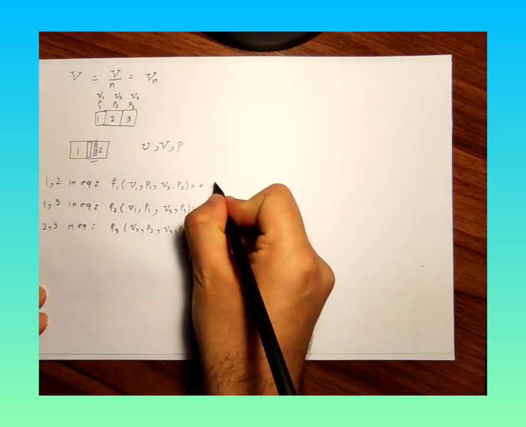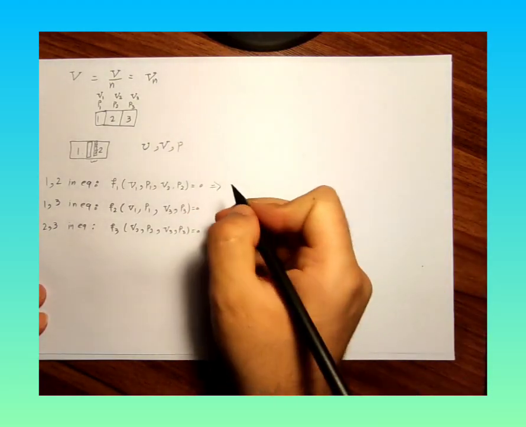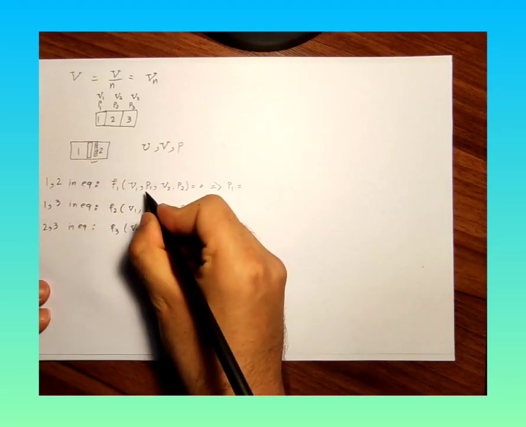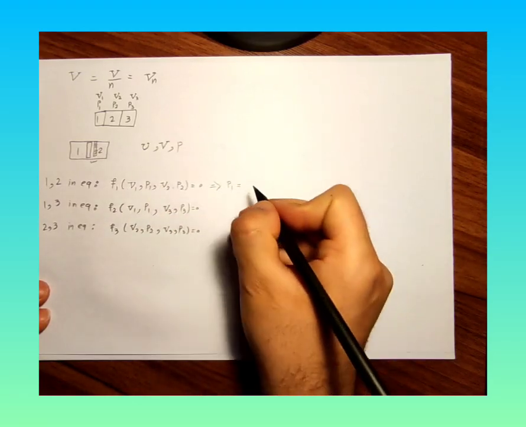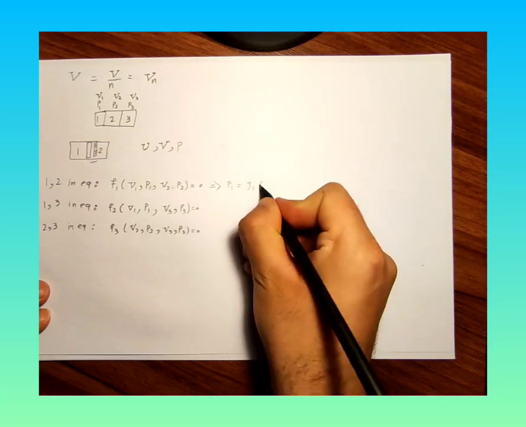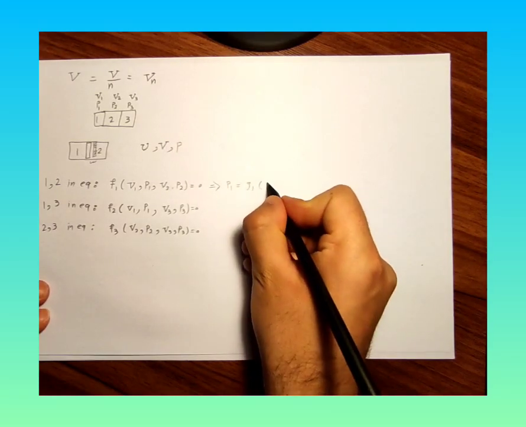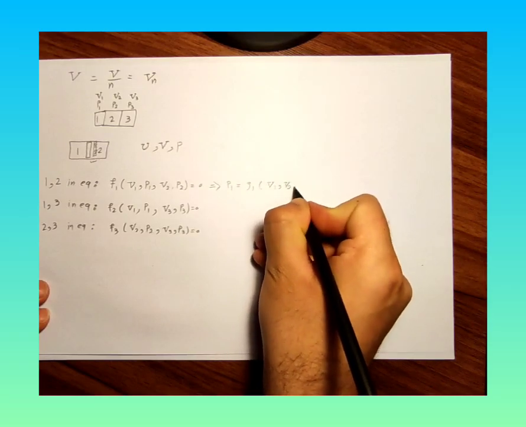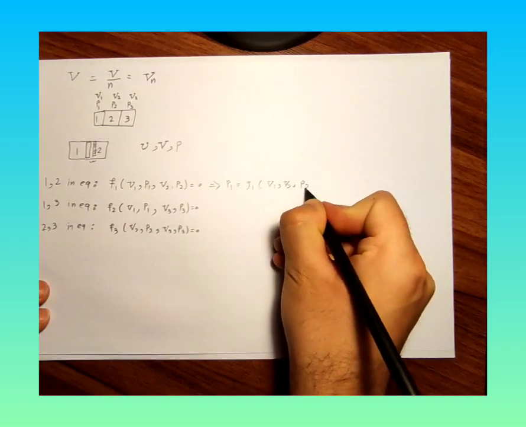From this, as we have done before, we can find P1 as a function of the others, for example, a function G1 of V1, V2, P2.